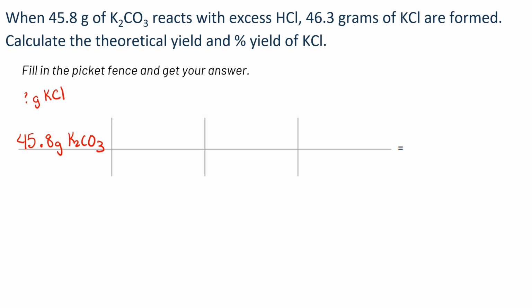I'm going to convert this to moles. So for every 1 mole of potassium carbonate, I'm going to need to look on my periodic table to get the mass of potassium carbonate, but that's 138.21 grams of potassium carbonate.